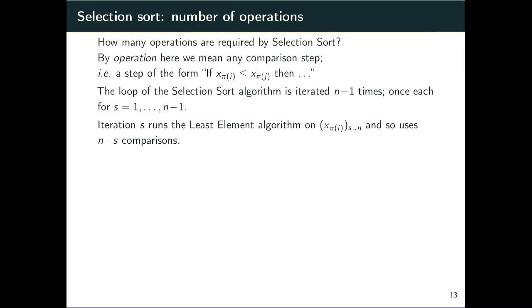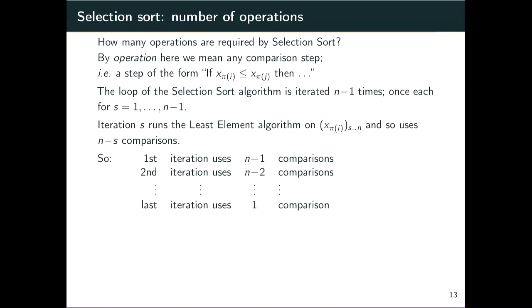So if you've got, say, n elements and you do the least element algorithm, then you're comparing this one with this one, this one with this one, this one. So that's how it works. So the first iteration will do n-1 comparisons. The second iteration does n-2 comparisons, and so on. So the last iteration, you do one comparison.